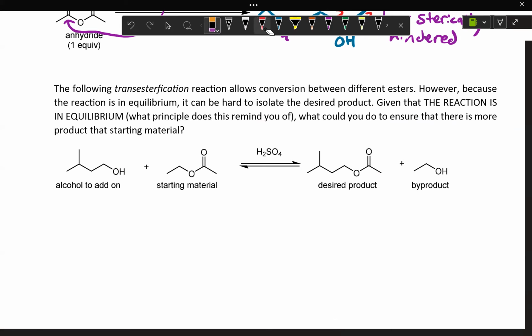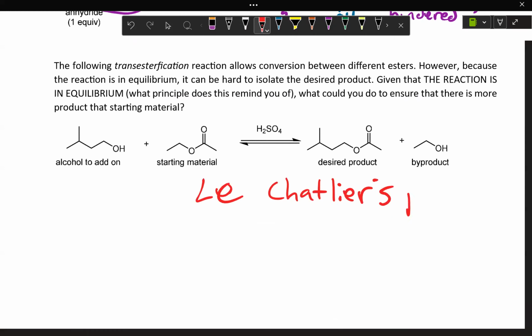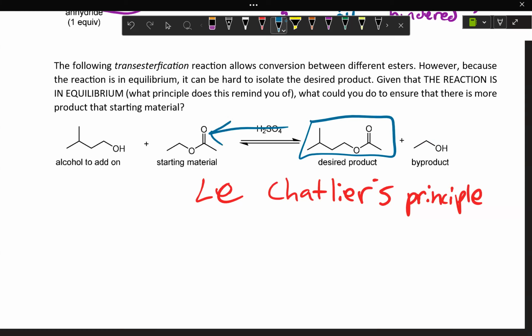Anytime you hear equilibrium, the principle you should be thinking of is Le Chatelier's principle. That's the principle you should always think of when you hear equilibrium. So we need to determine what we could do in order to make sure that we only have this product and that it doesn't convert back to the starting material.